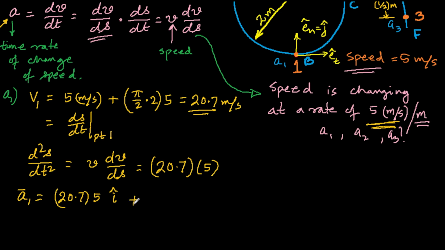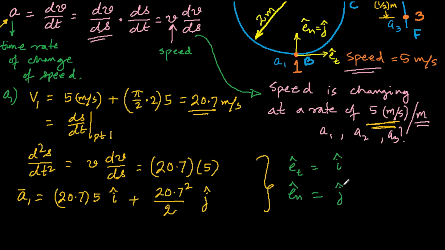Then plus this is ds over dt, which is 20.7. Its square divided by r, which is 2, times j, because here I'll write that et is i cap, this one, and en is equal to j cap, right, at point 1.